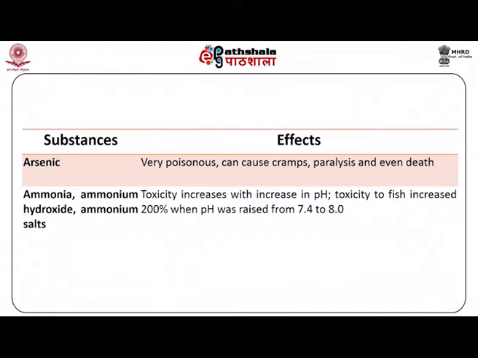We have already discussed the toxicity of arsenic as well as cadmium. Now ammonia, ammonium hydroxide and ammonium salts are also toxic, and toxicity increases with increase in pH. The toxicity to fish increased by 200% when the pH was raised from 7.4 to 8.